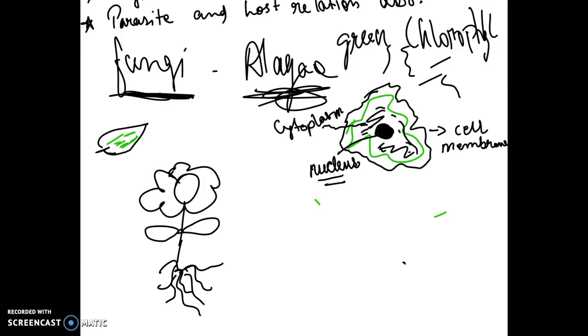When we water our garden plants, the roots absorb the water, and water has minerals which it absorbs too. This is the stem. The stem conducts the water and minerals to the leaves, and then with that water and minerals, and with the help of sunlight, the leaves start preparing food.